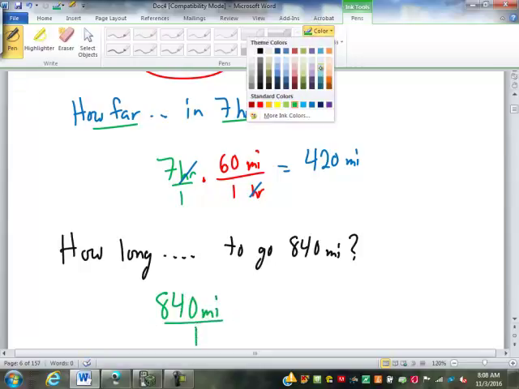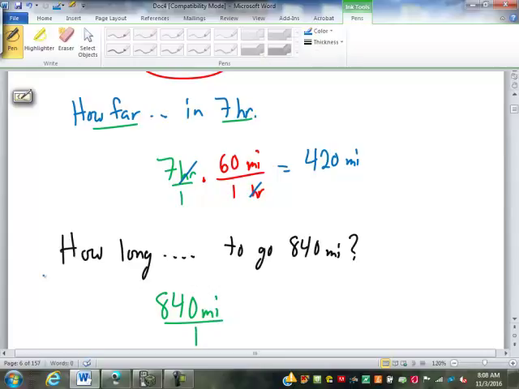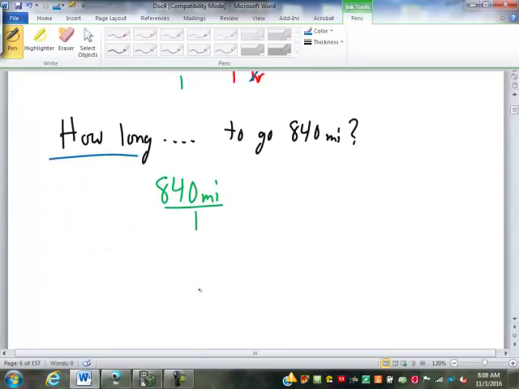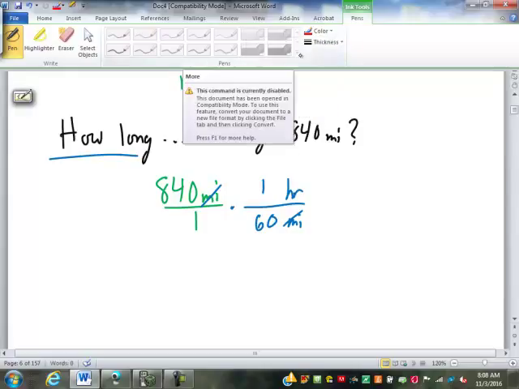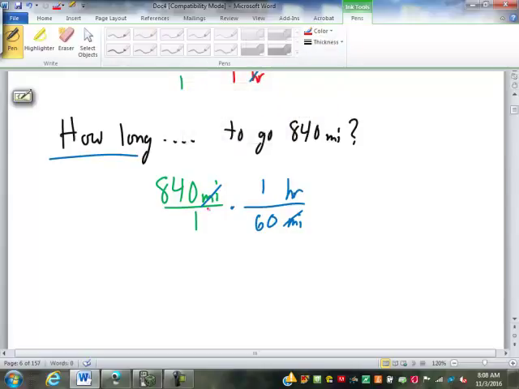I'm going to put it over 1. I'm asking how long, so I want to convert miles into hours now. So now I'm going to put miles on bottom and hours on top, so that the miles will cancel out. 1 hour is equivalent to 60 miles. You always want to make it so they cancel out? I always want to make it so they cancel out. So now the way this is set up is 840 divided by 60, which is going to be, what, 14 hours?